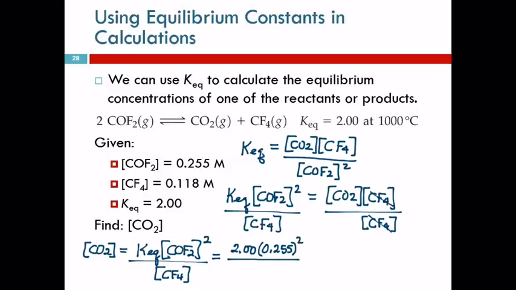And then I'm going to divide by the concentration of CF4, 0.118. 2 times 0.255 squared divided by 0.118. How many significant figures should this have? 3. So this one has 3, 3, and 3, so our answer should have 3. So I'm getting 1.10.